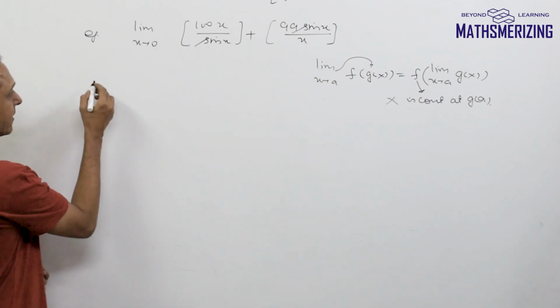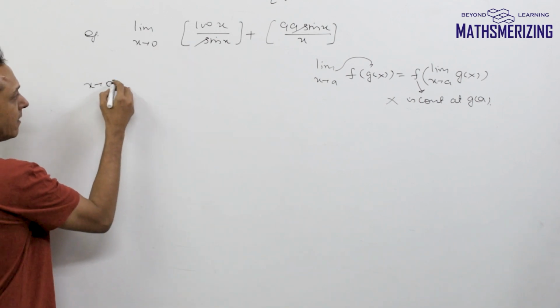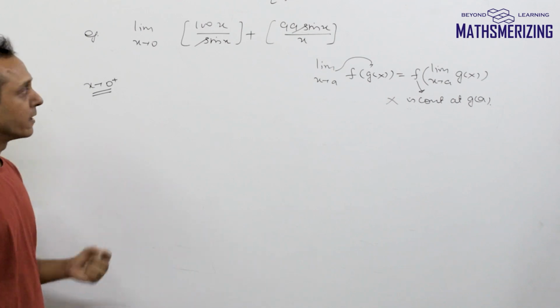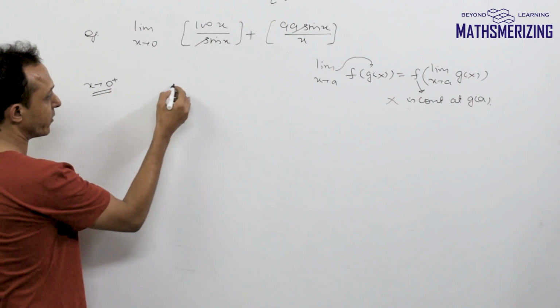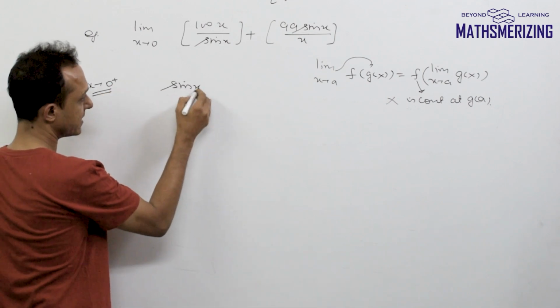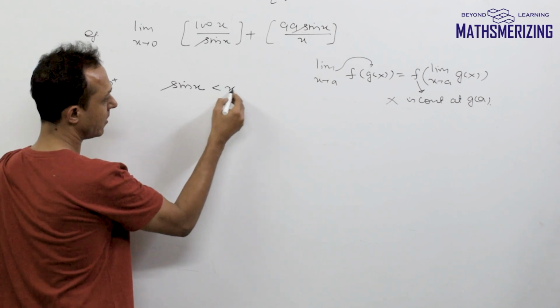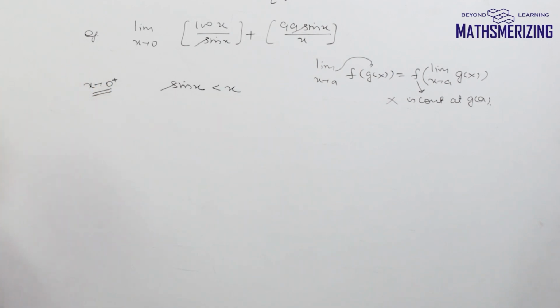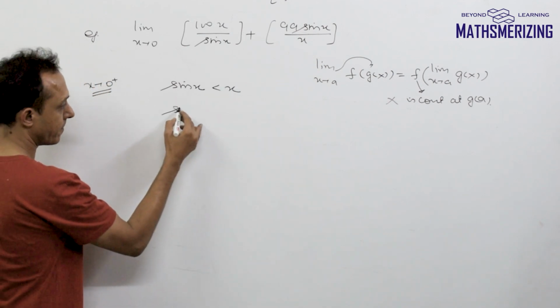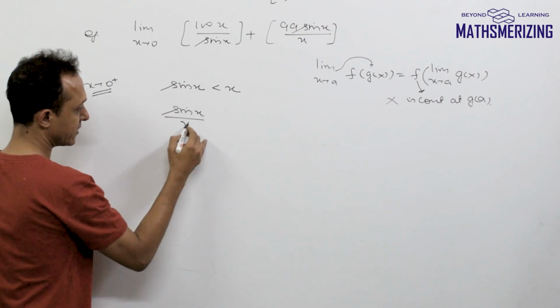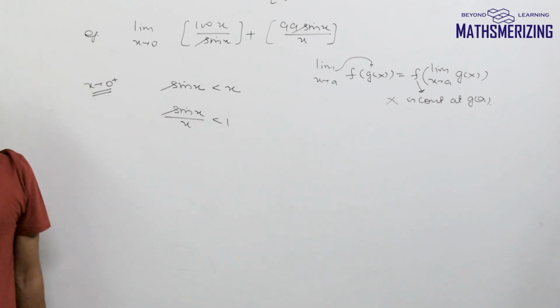So in this case, suppose I take a small positive real number. Using the calculus inequality, I know that sine x is always less than x. So here I can write sine x upon x is always less than 1.